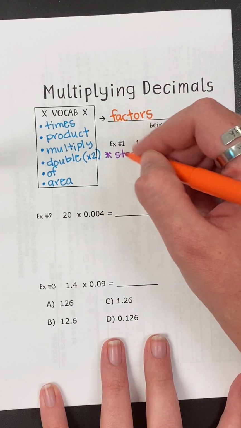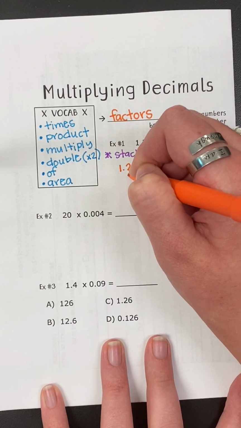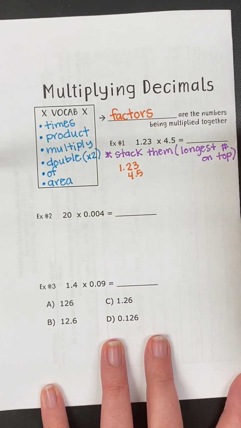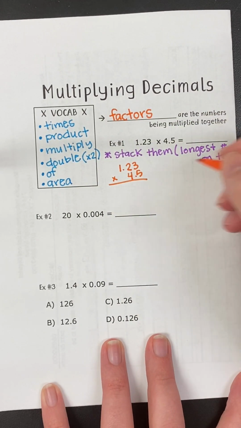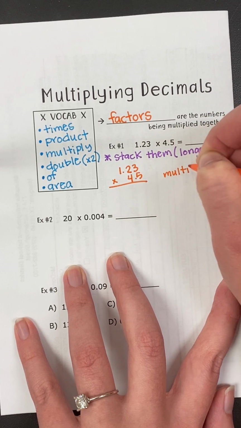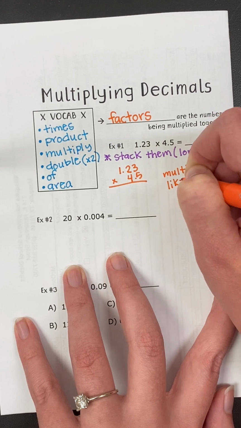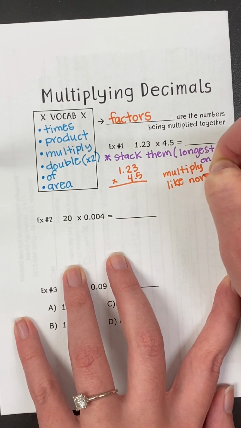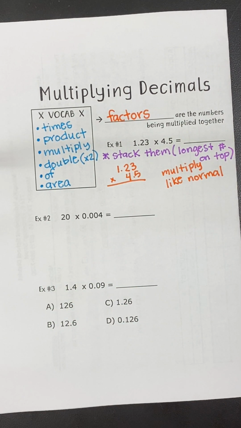Good, the 1.23. So the 1.23 goes on top, and then the 4.5 goes back here. We do not care about the decimals at this point. We are going to multiply like normal. So ignore the decimals as of this point.